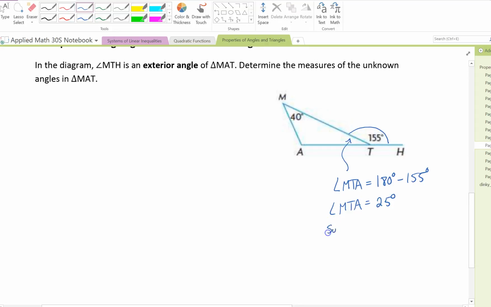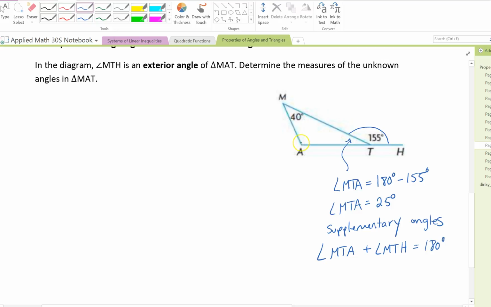We can write there that's because they're supplementary. Angle MTA plus angle MTH add up to 180 degrees.